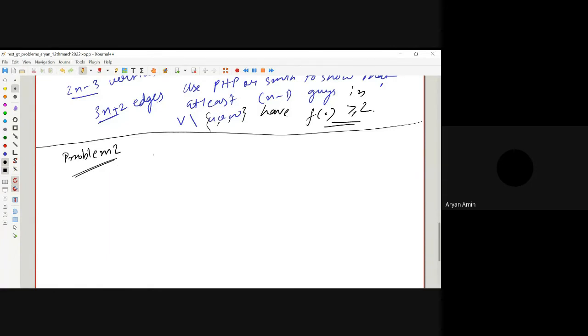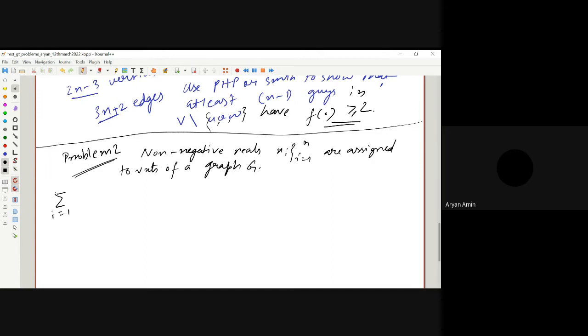So the next problem is: you're given non-negative reals x_i, i equals 1 to n, assigned to the vertices of a graph G. It is given that the sum of all the x_i's is 1.